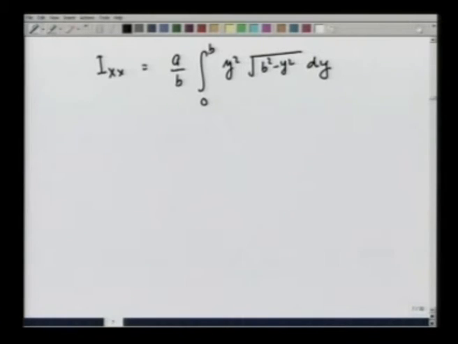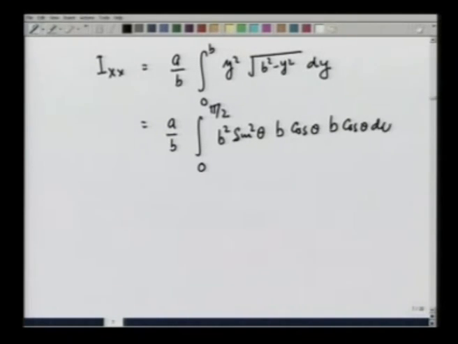0 to b, as a over b integral 0 to pi by 2, y square is b square sine square theta, the square root of b square minus y square is going to be b cosine theta, and dy is again b cosine theta d theta.